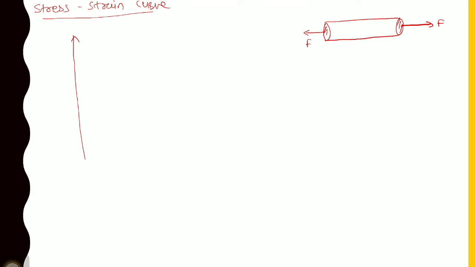Let's see, suppose you draw the graph of sigma versus epsilon. Which type of graph do we have to draw here? Initially, when the force is small, the stress and strain are directly proportional to each other as per Hooke's law.